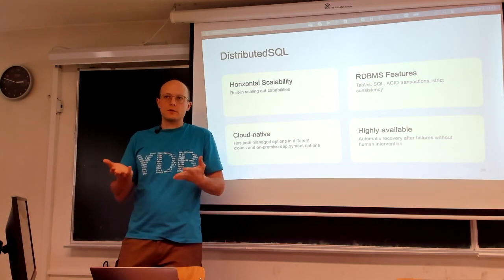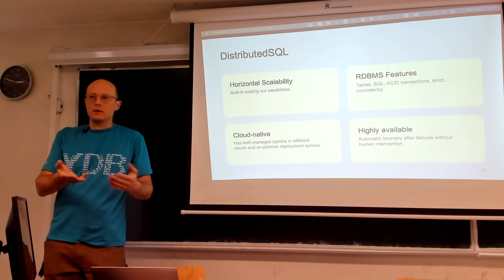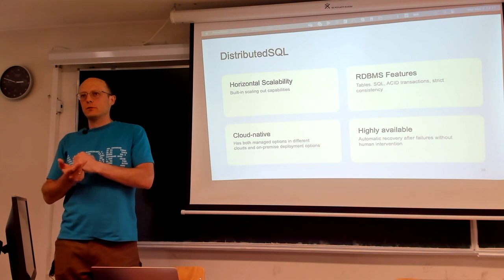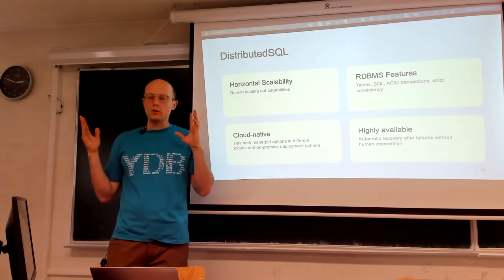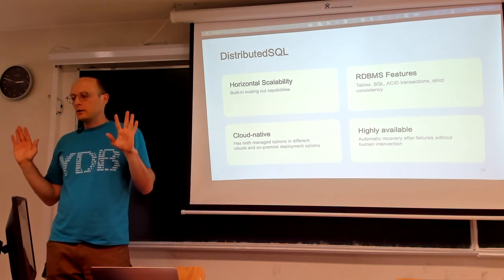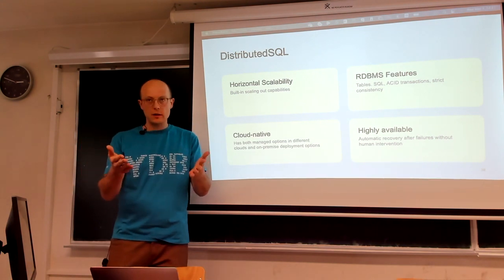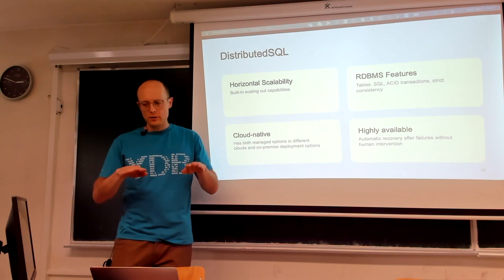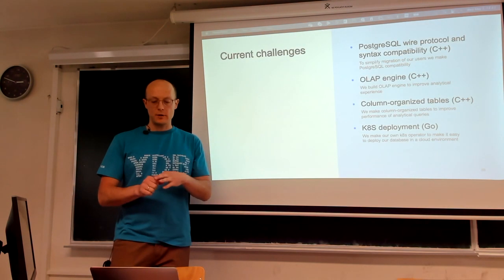Most systems have documentation and they are tested in clouds. For instance, YDB could be deployed to Amazon. CockroachDB has instructions to deploy it in Kubernetes, in Google Cloud Platform, and in Amazon. And all the developers of distributed SQL databases aim at high availability to avoid any downtime and reduce the influence on application developers as much as possible.